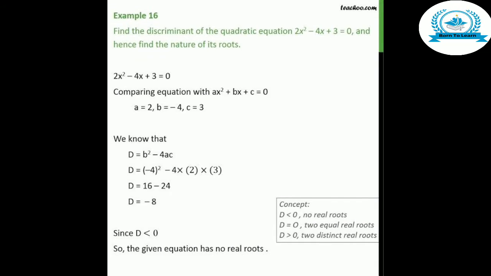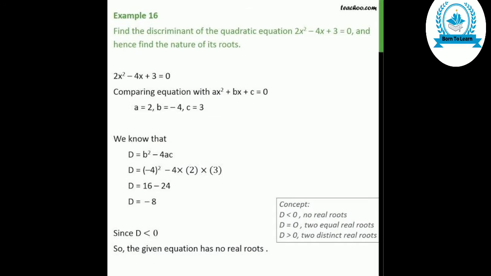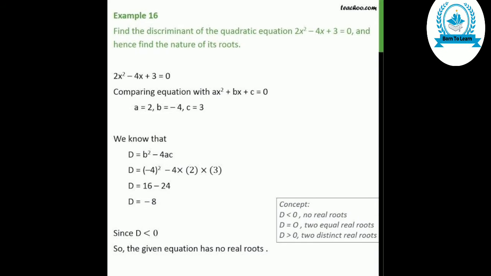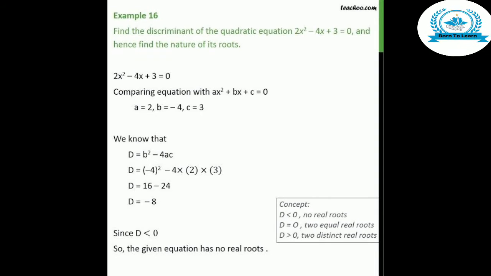Discriminant equal to minus 4 whole square minus 4 into a equal to 2 into c equal to 3. D is equal to 4 square, 16, minus 4 into 2 into 3, equal to 24. D equal to 16 minus 24 equal to minus 8. Since D is less than 0, the given equation has no real roots.